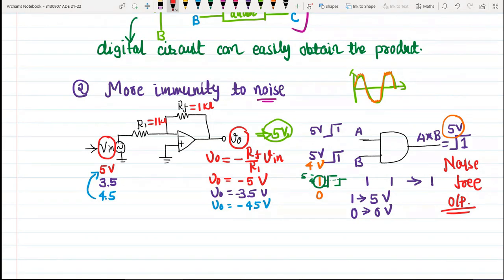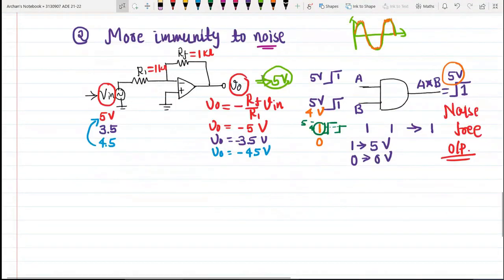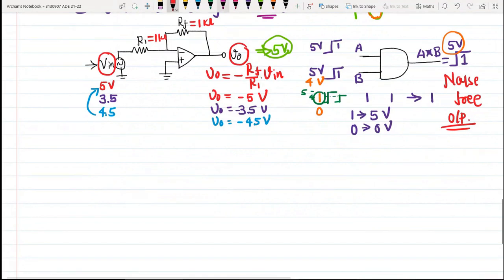This is another advantage of digital circuit, that it provides more immunity to the noise, right? So here no amount of imperfection is transmitted to the output. Even if there are some errors at the input, they will be corrected at the output. That is what is done in this particular case, right?